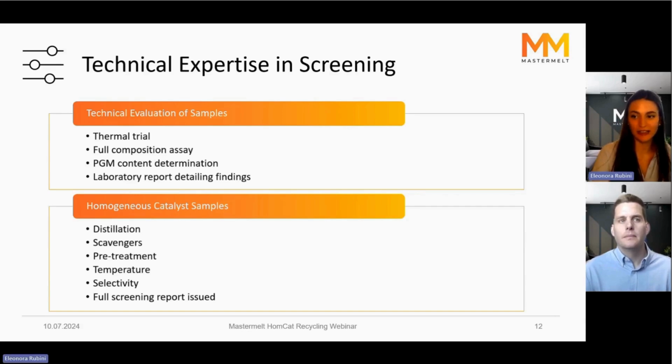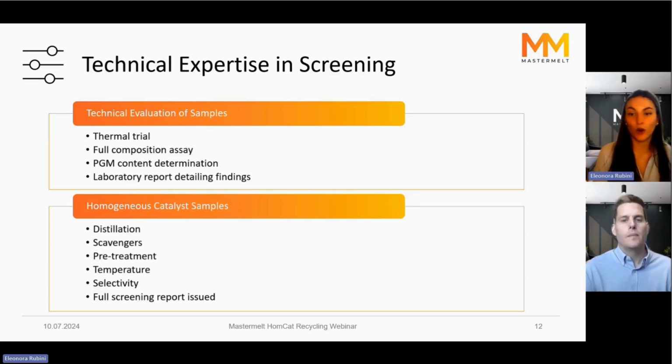On the other side, the HomeCAT samples that are being sent to Wilton will also go through different routes to understand what is the best recovery possible and how do you make it efficient with the right selected method. So what they will do is trials with distillation, trials with scavengers.